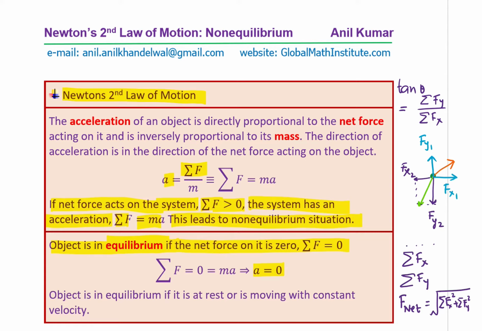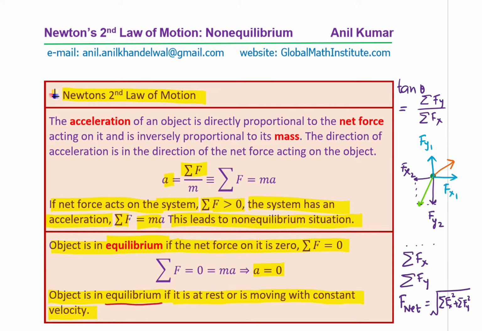Now, if an object is moving with constant velocity, will the object be at equilibrium? That is a question to be answered, right? Constant velocity means acceleration is zero. Perfect. And therefore, we have the conclusion that an object is in equilibrium if it is at rest or is moving with a constant velocity. So there are two conditions for the object to be in equilibrium.